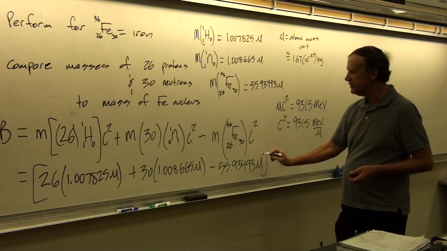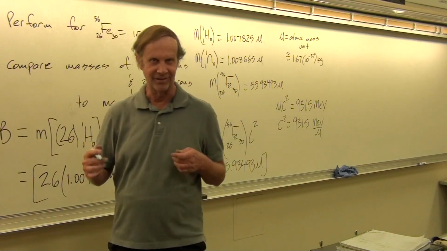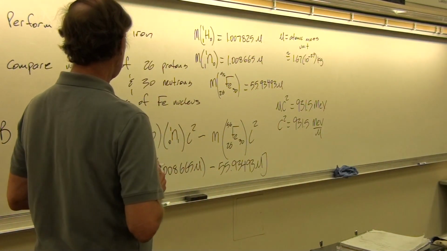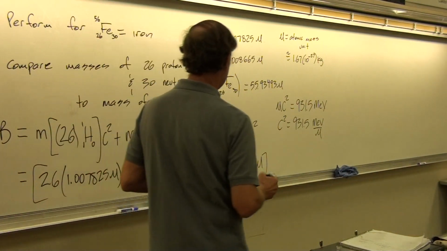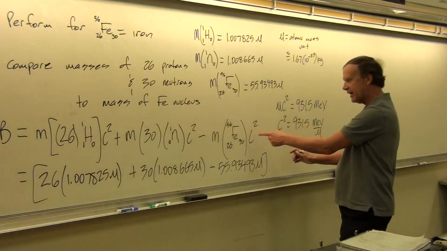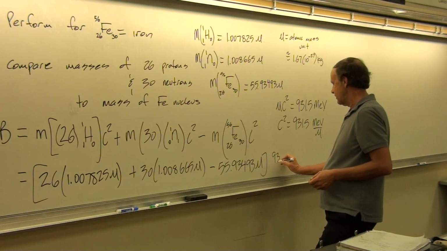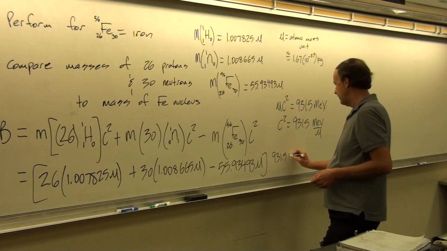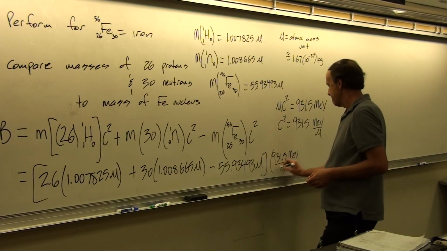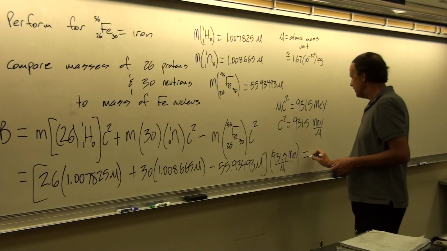And then the mu units are going to cancel. So usually I don't like using those kind of units, but it's so convenient here that it doesn't make sense to do it any other way. So here then, the c squared, which was factored out of all of these terms, becomes then our 931.5 MeV over mu. And then the mu's cancel all the way through, and we just get a pure number.